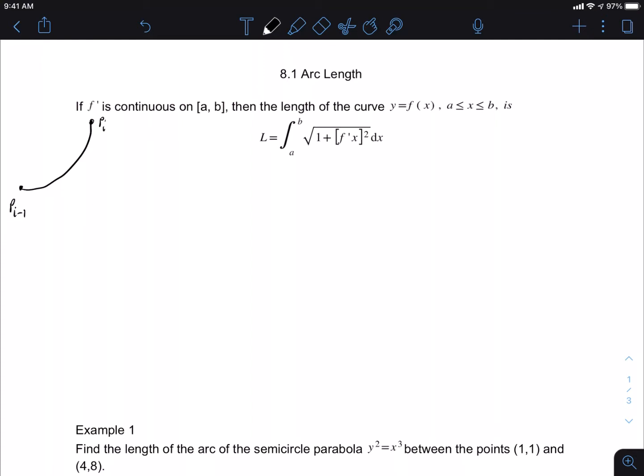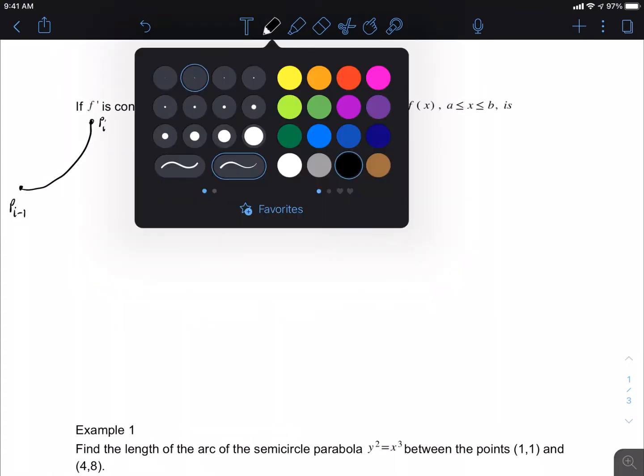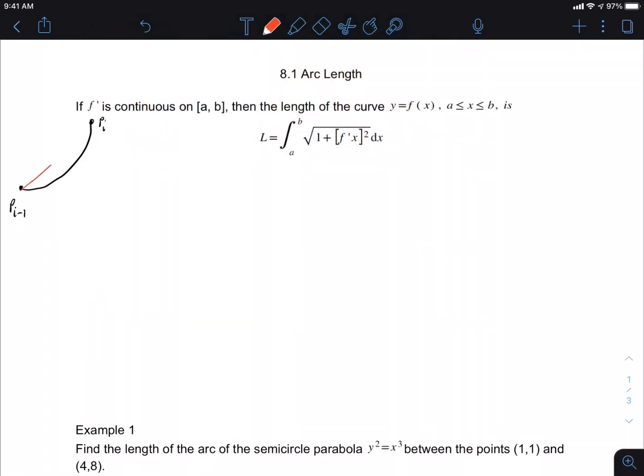And what we're going to do is take tangents, or I'm sorry, secants, to find out what we're getting. So this secant would give us an approximation of the arc length. Do you think that's going to be a very good approximation? The answer is clearly no, right?